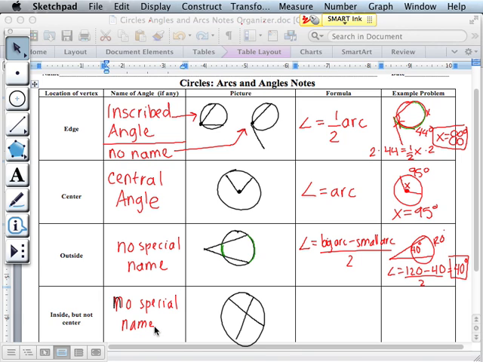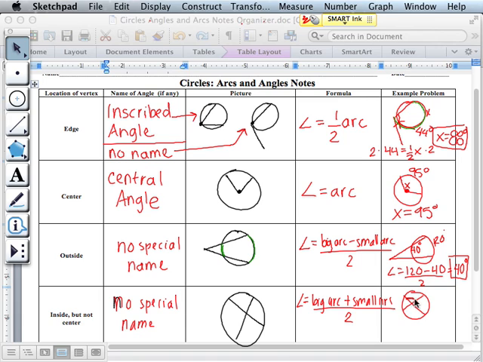But our formula ends up being very similar to the first one, but this time it's that the angle equals big arc plus the small arc divided by 2.